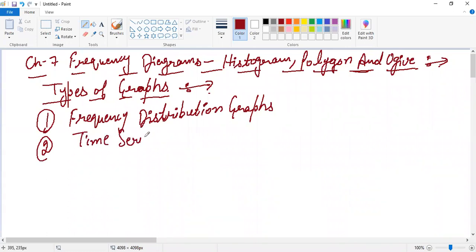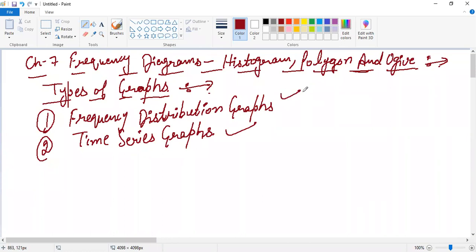Students, we have already discussed the time series graph. So today we will discuss the frequency distribution graph.